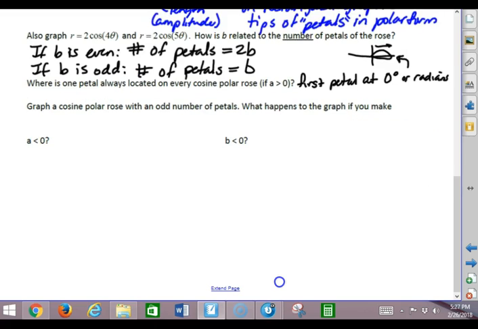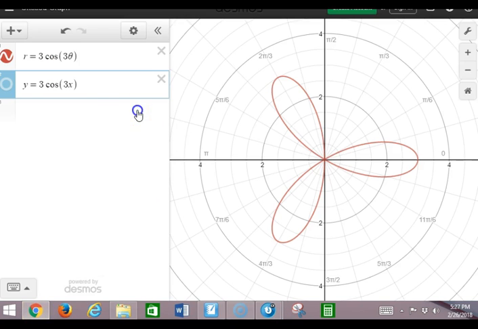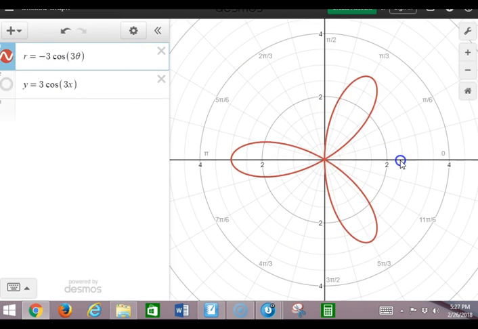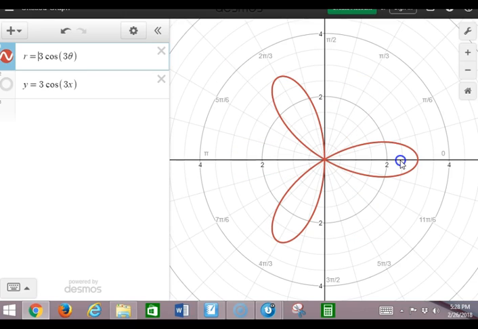Now let's see what happens if we make a polar rose with an odd number of petals if we make A less than 0 or B less than 0. So let's look at our Desmos. So we've got this right here. If we make A less than 0, make this negative.